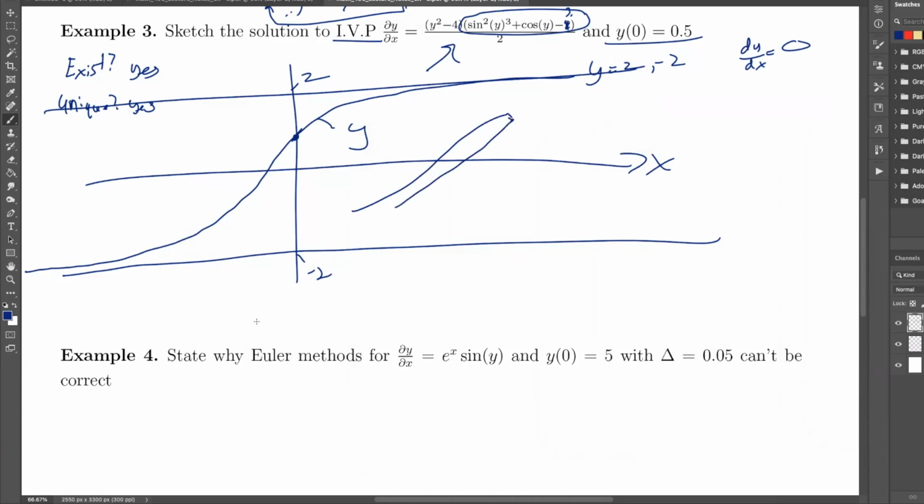And so for autonomous equations, let me just write down a couple things for you. For autonomous equations, where dy/dx is equal to 0, you're going to have what we call equilibrium solutions.